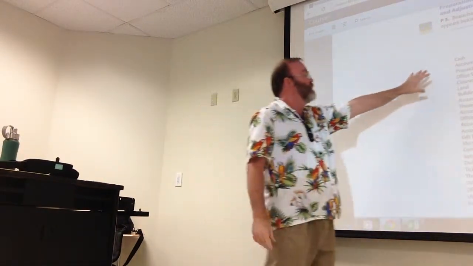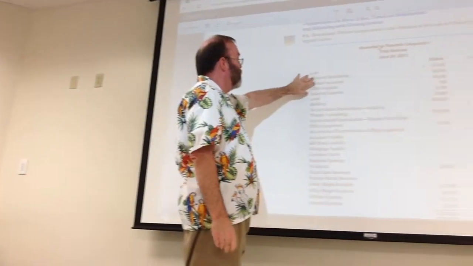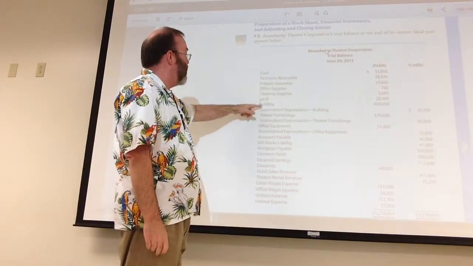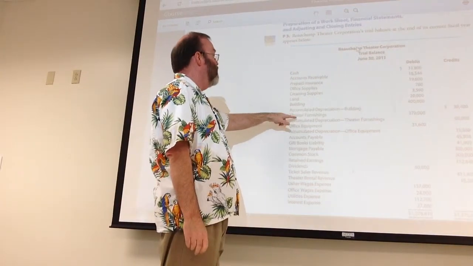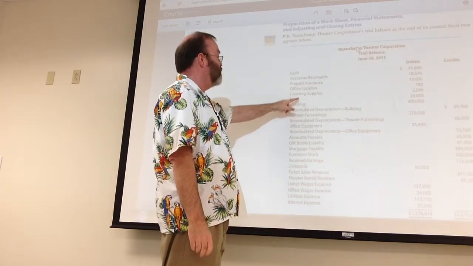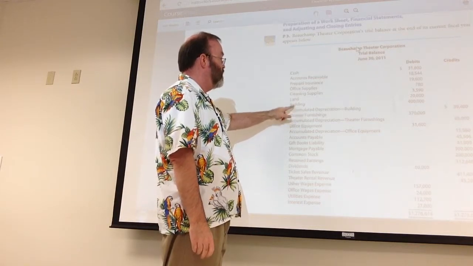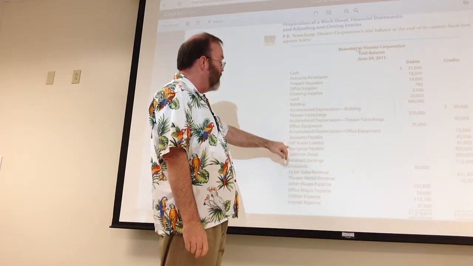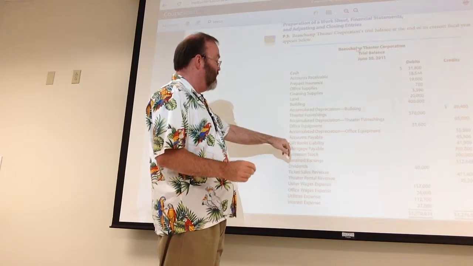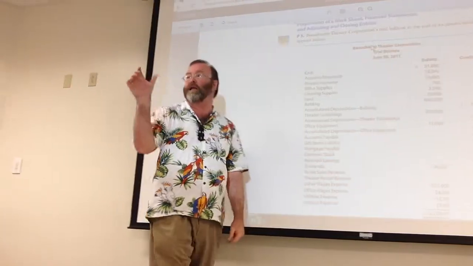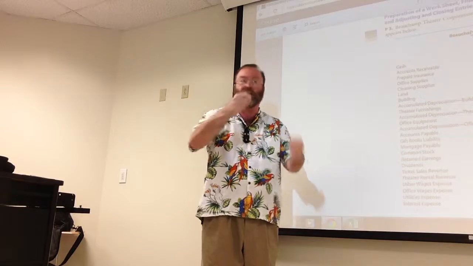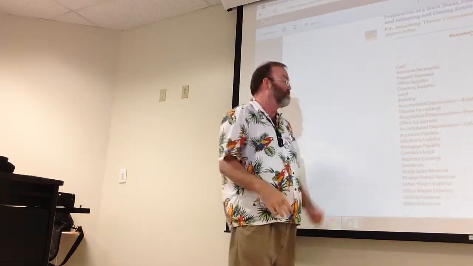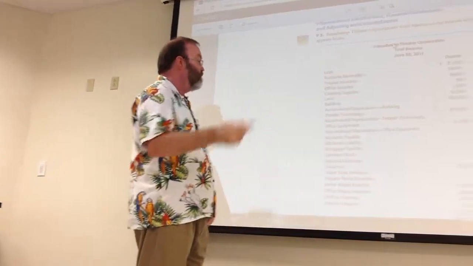So it lists cash, accounts receivable, cleaning supplies, land and building, their theater furnishings, along with the applicable depreciation on both, the office equipment, their liabilities. Included under liabilities is a gift book liability. You know how with theaters, you can buy tickets in advance and then give them out as either Christmas presents or to your employees.